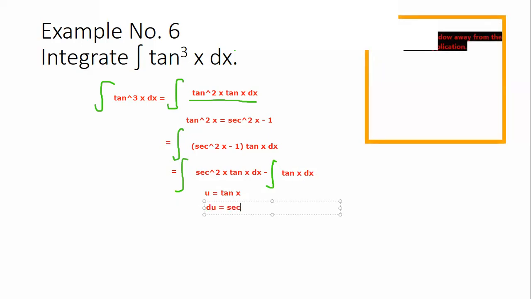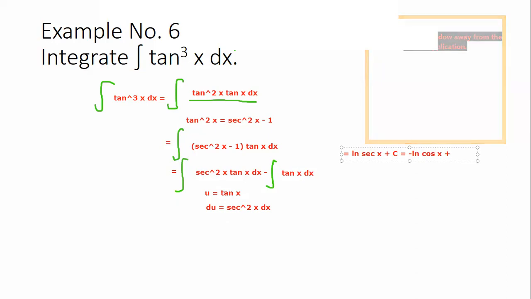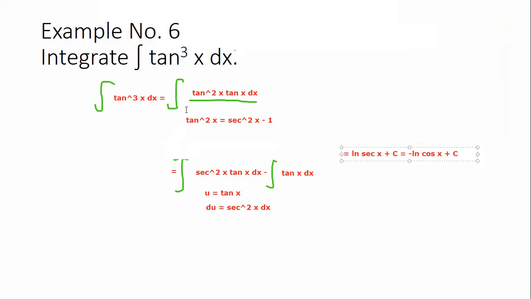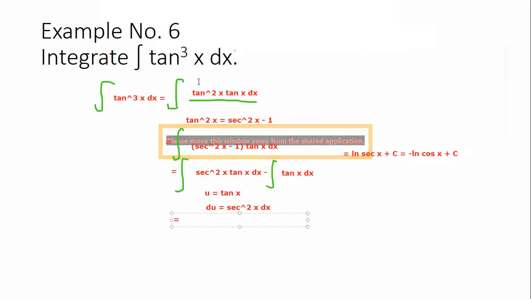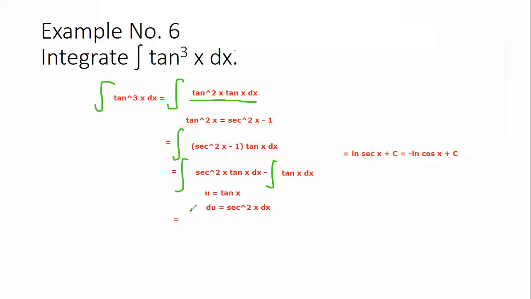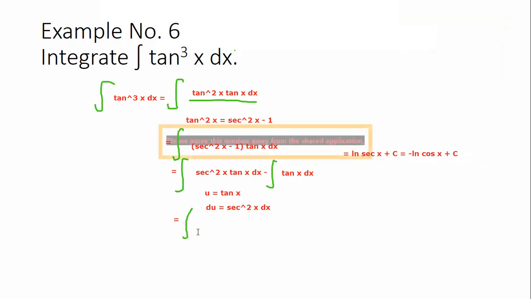The derivative of tangent x is secant squared x. For the integral of tangent x, we have already discussed the answer, negative ln of secant x, or ln of cosine x. So the first part will be the integral of u du.